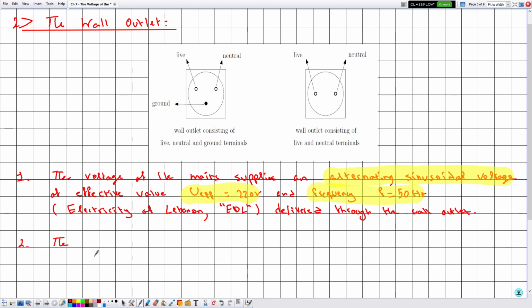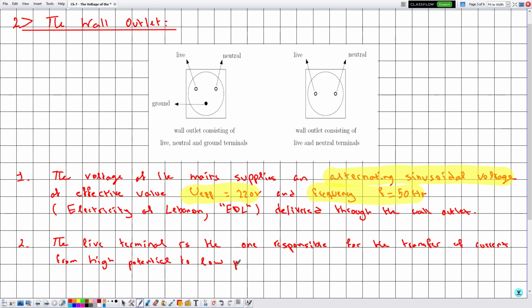Now let me write idea number 2. The live terminal is the one responsible for the transfer of the current from high potential to low potential.